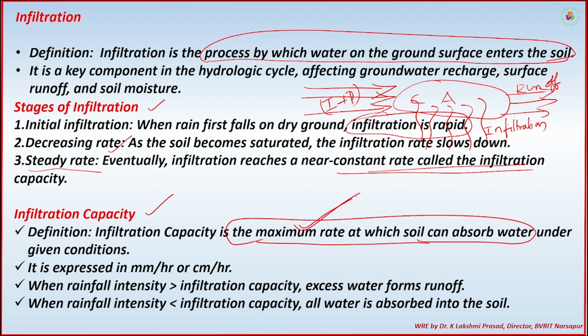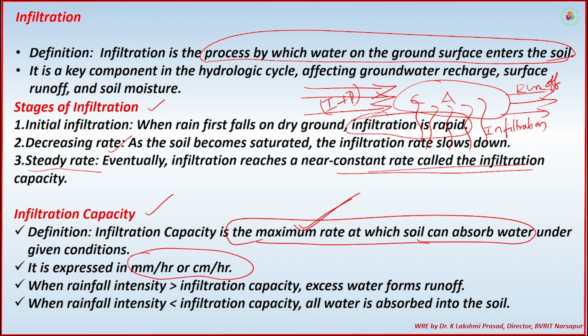The maximum rate at which water enters into the soil, absorbed by the soil, is what we call infiltration capacity, and it is expressed in terms of per hour or centimeter per hour.